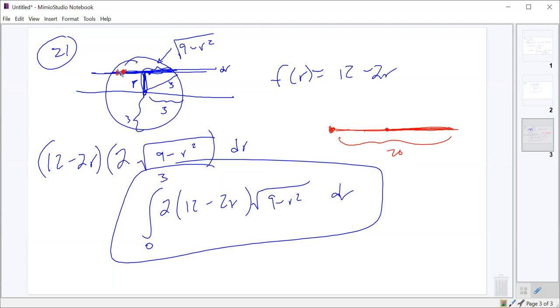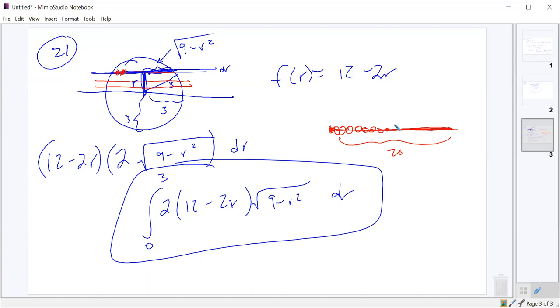But here, each strip is different. So we have to find the total number of cars in each strip and then sum them all together, which is what we've done here. Here, it's just density of cars at each instant going along the highway. So you sum all of those together from 0 to 20 if you want the full 20, or from 0 to whatever value you want.